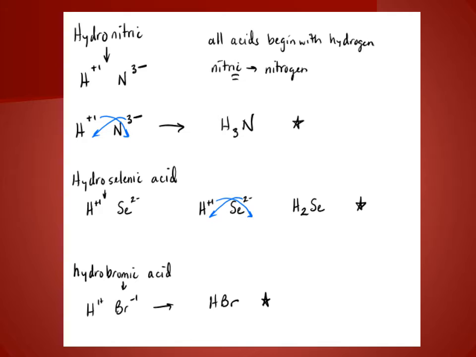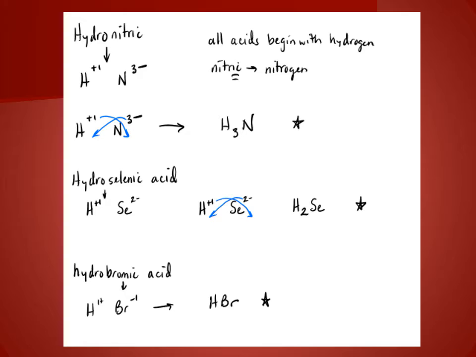Okay, let's move on and talk about how to write formulas from the names. All right, so here are 3 of those examples from that previous slide. So I had hydronitric. First of all, acids begin with hydrogen. So I wrote hydrogen down and I assigned the positive 1 charge to it. Nitric comes from the element nitrogen, a nonmetal. Nitrogen has a 3 negative charge.